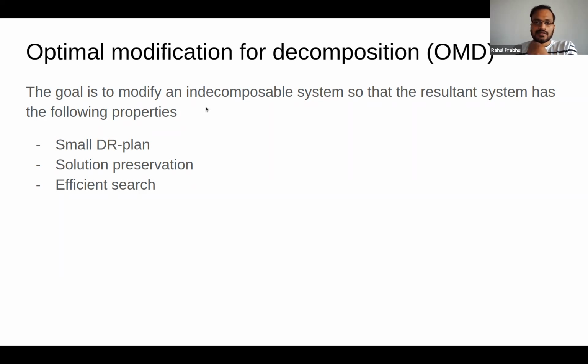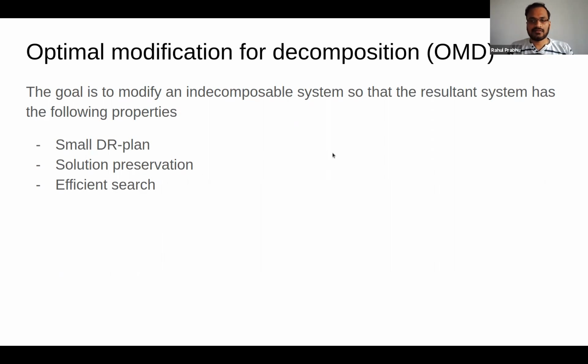Even though the slides I present here talk about how we modify an indecomposable system so that we get a small DR plan, even when you have a decomposable system, sometimes this idea of optimal modification is useful. So you're at a particular node in the DR plan, and you cannot decompose it any further.